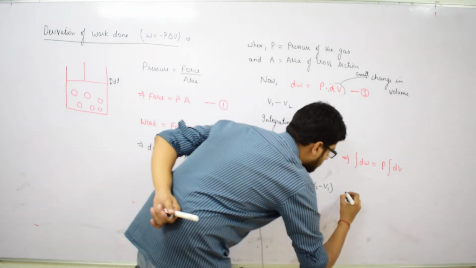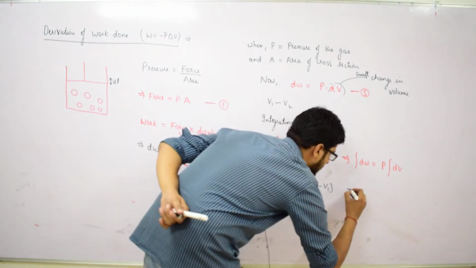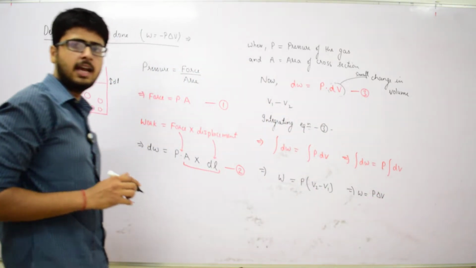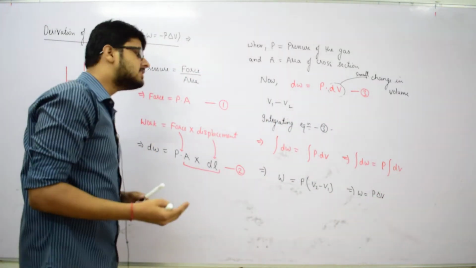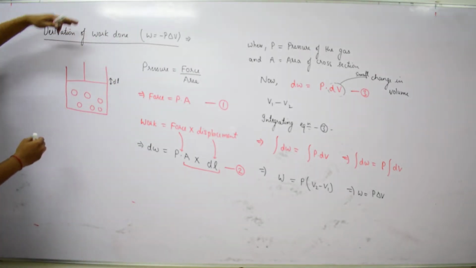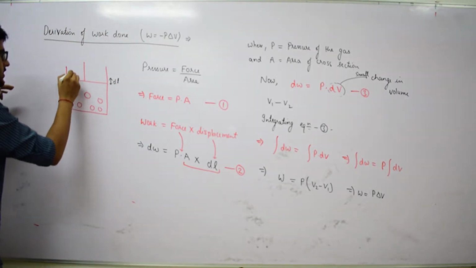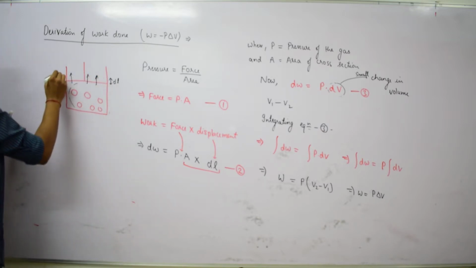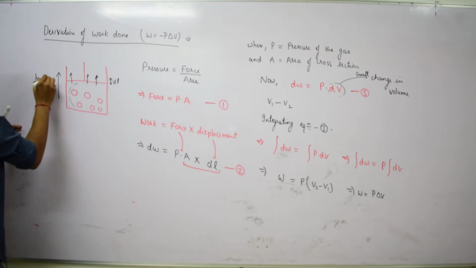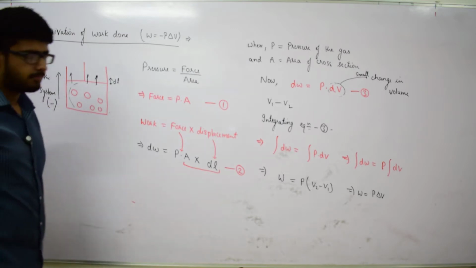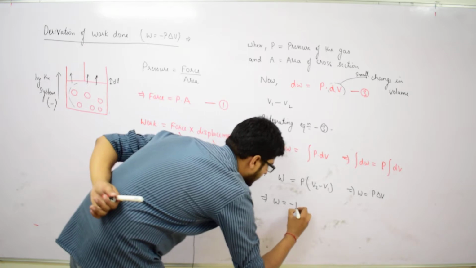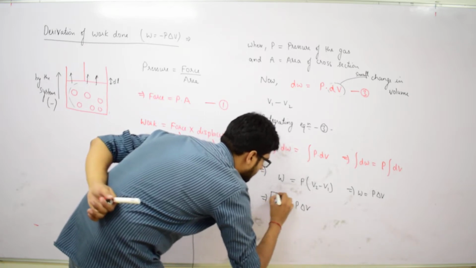So, this expression P into V2 minus V1 gives W is equal to P delta V. Since work is done by the system, because this piston is expanding, moving upward, and this is our system, the work done by the system is always taken to be negative. So, the net work done obtained will be equal to minus P delta V.